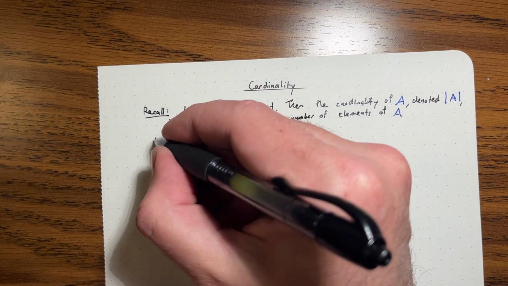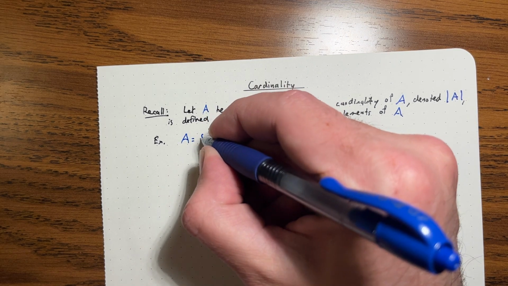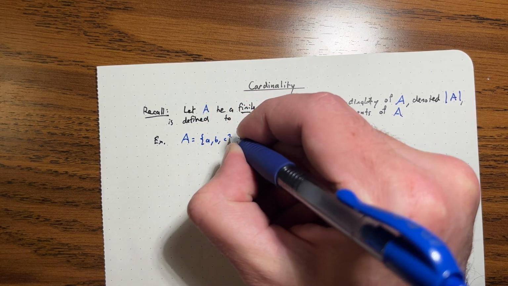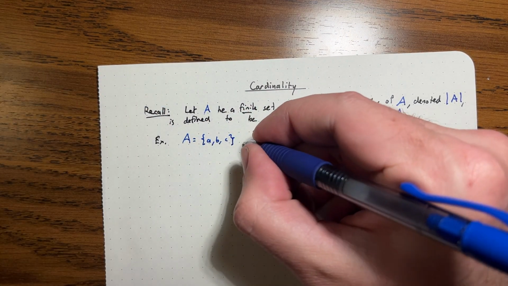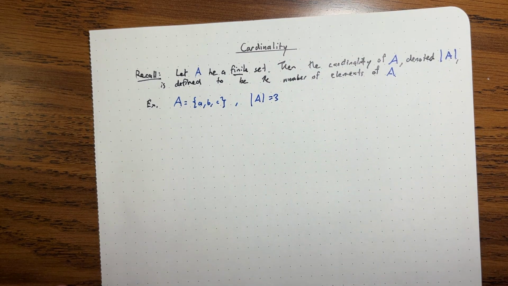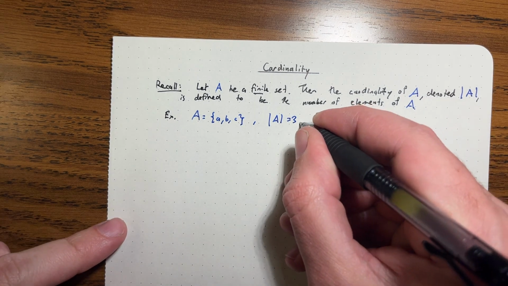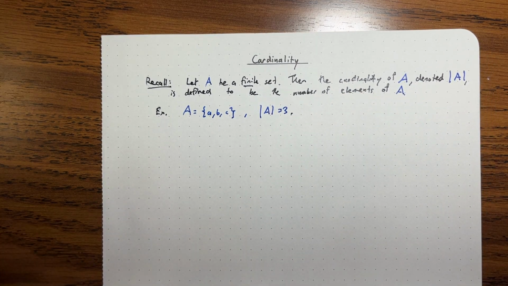Okay. So example, if we have a set little a, little b, little c, well, that has cardinality 3. Cardinality of A is 3. You just count them. Okay, so that's all there is to it, it seems.